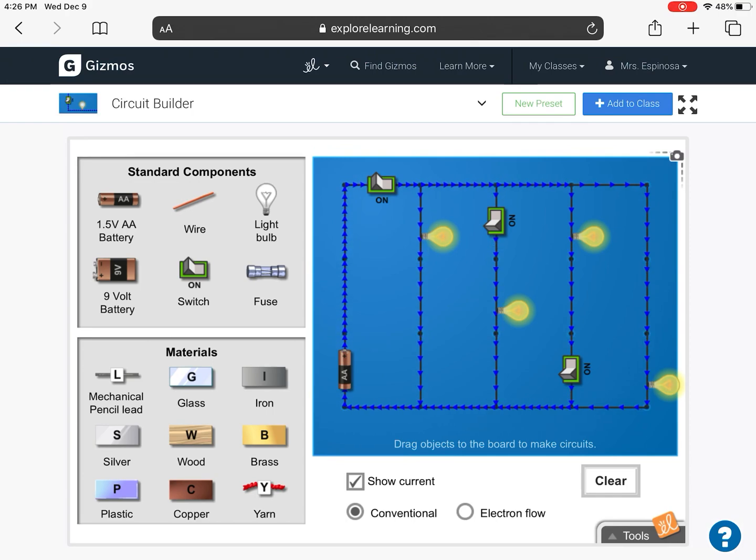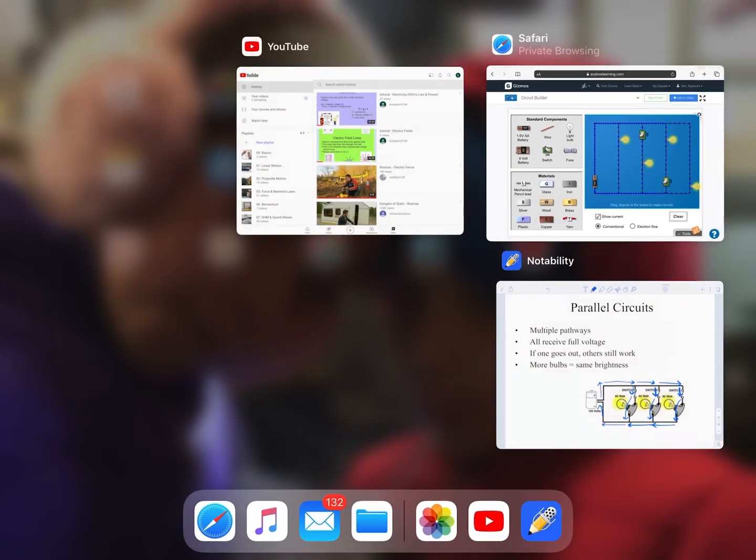When we were focusing on our arrows representing our current, all of the electrons flow through there. So if I were to remove this line, none of the electrons have a complete path. So yes, if one bulb goes out, the others work, provided that this is a true parallel circuit. Each branch has only one light bulb, so each branch would then be affected individually, independently, okay?